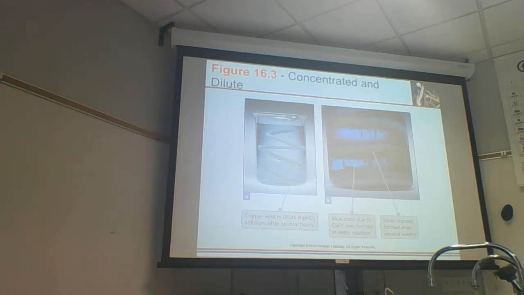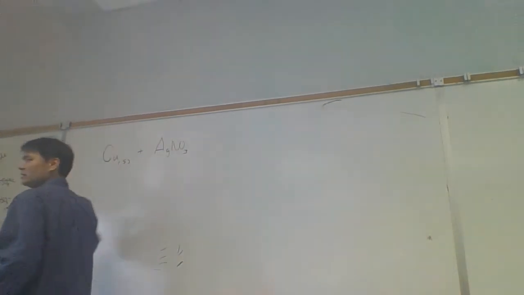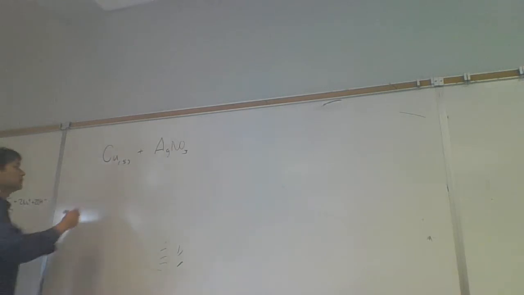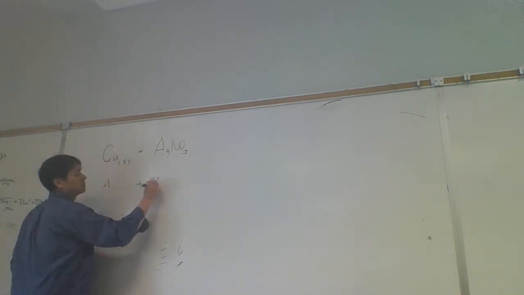What form does this look like? This looks like A plus BX. You see that? A plus BX? So it looks like a single replacement, but we have to be concerned, because there are exceptions with the single replacement A plus BX form.